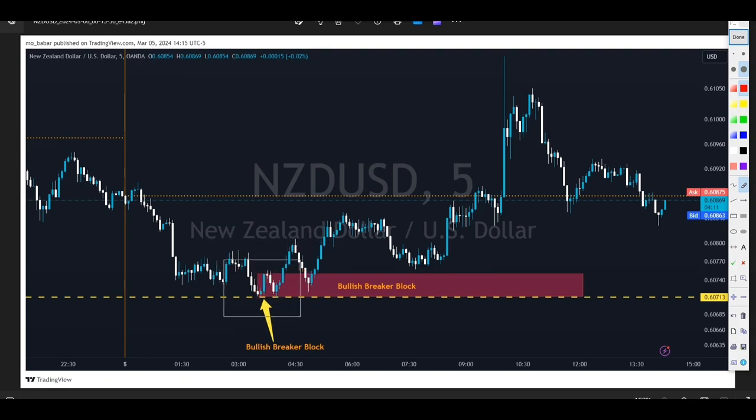Now I'm talking about this leg. If this leg is bullish, all candles need to be bullish, and then it needs to move away and take the liquidity of this low as well, and then this bullish candle is closing above this high. This triggers and qualifies these two candles as a bullish breaker block.